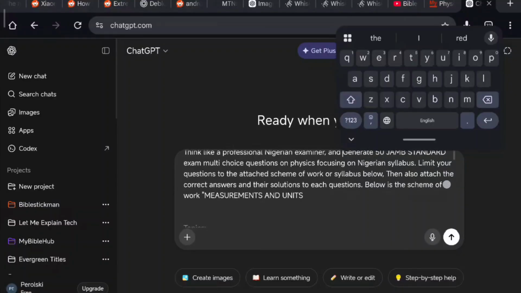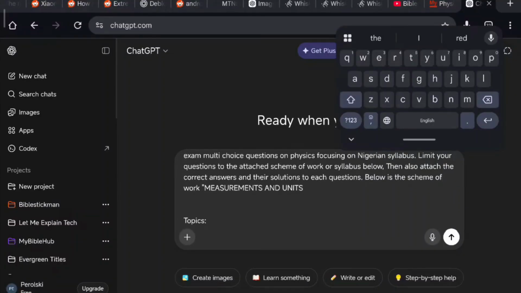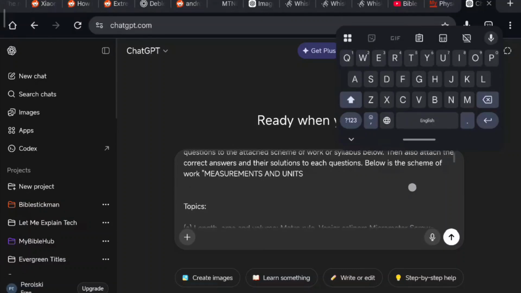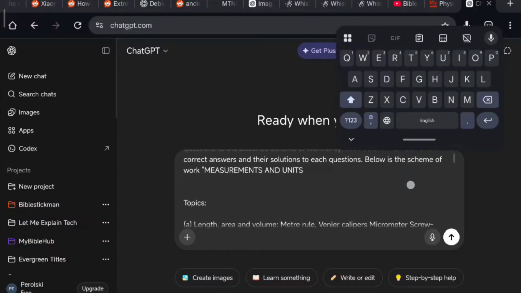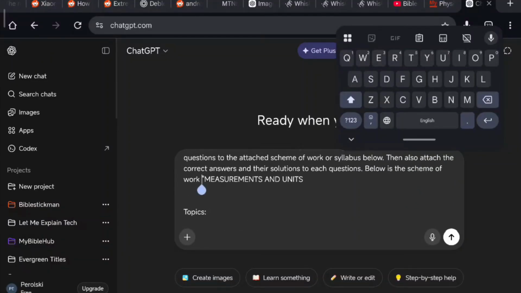Limit your questions to the attached scheme of work or syllabus below. Let's use a full stop here. Then also attach the correct answers and their solutions to each question. Below is the scheme of work.